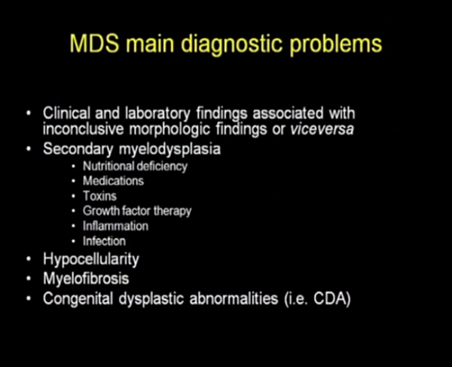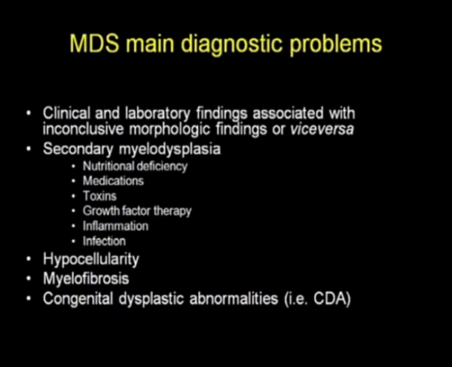Think about B12 deficiency, or toxins, or medications. Growth factor therapy, inflammation, infection. In all these situations, the patients could show dysplastic features in their blood cells.